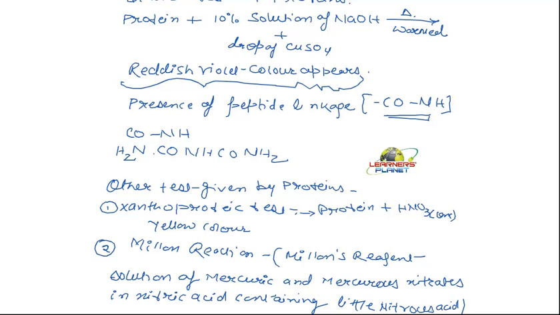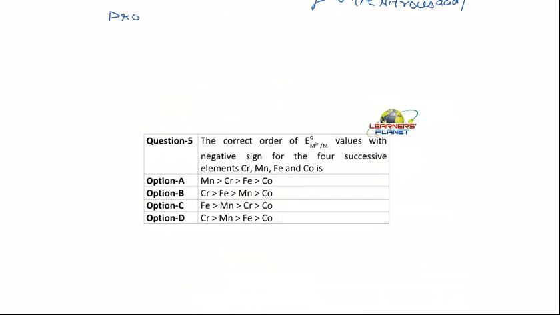Fine. Now, if your protein is treated with Millon's reagent and heated, the solution gives red precipitate, right, or red color.